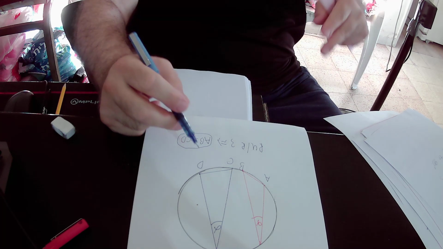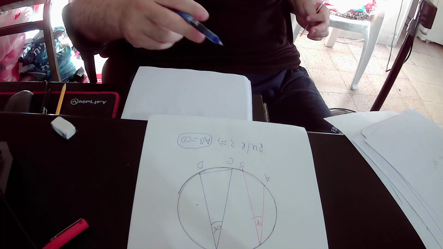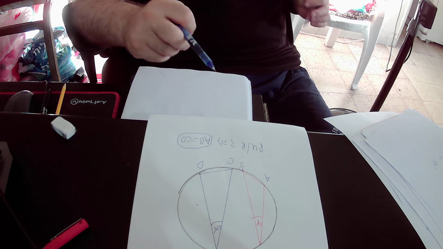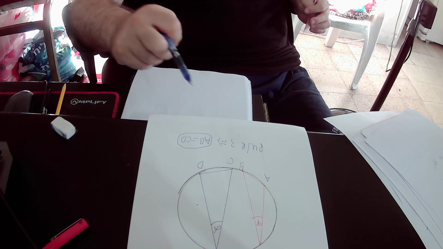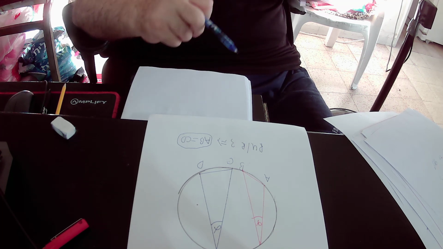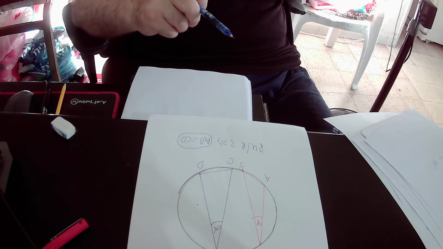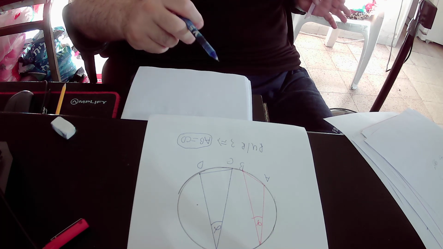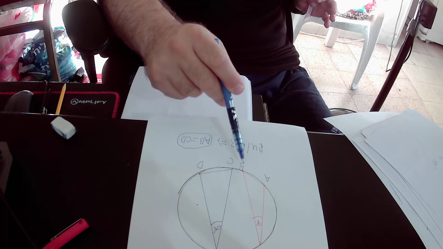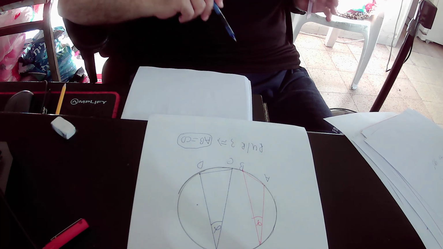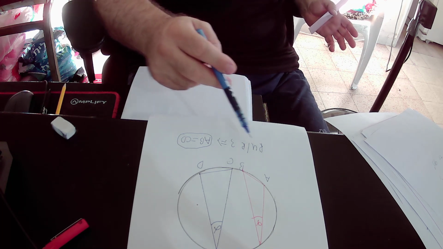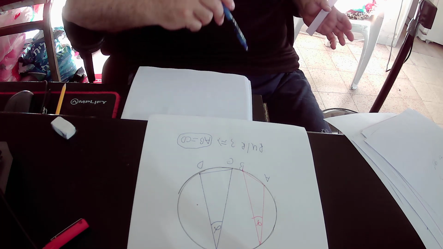Okay, because those two peripheral angles equal each other, both equal alpha, according to rule number 3, they rest on equal chords or arcs. That is to say, chord AB equals chord CD. Or we can also say that arc AB equals arc CD.